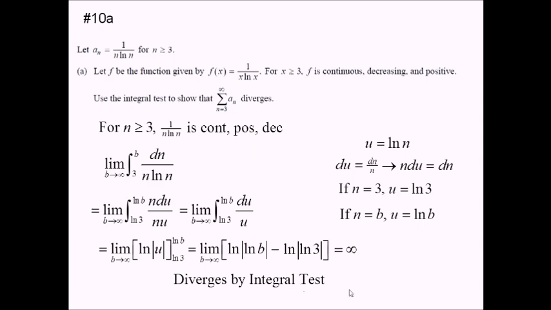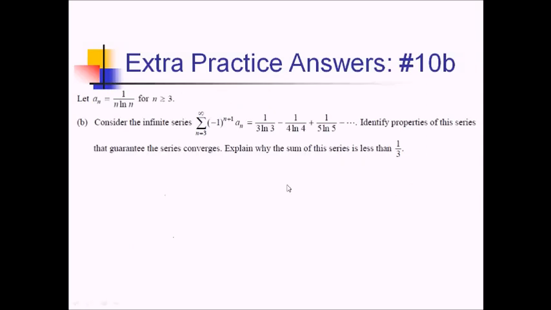On this problem, they're giving us the infinite series (negative 1) to the n plus 1 of this 1 over n ln of n expression here. And they gave us a few terms of this series just to really show us what they meant. Identify the properties that guarantee this series converges. Okay, well, we notice that we have a series that is alternating.